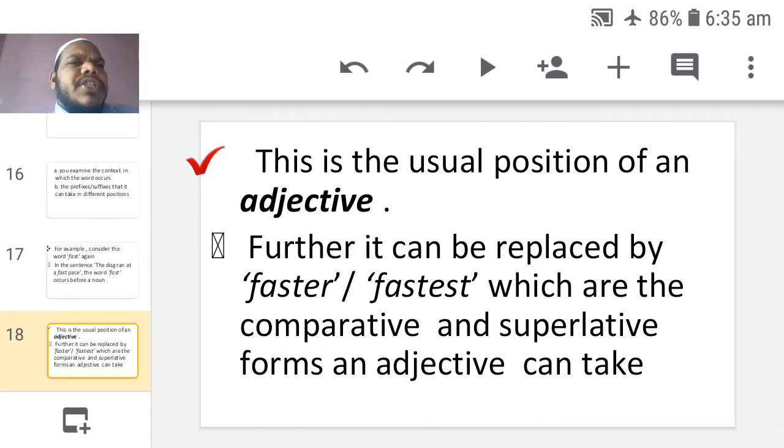This is the usual position of an adjective. Adjective comes before a noun. Further, it can be replaced by faster, fastest, which are comparative and superlative forms an adjective can take.